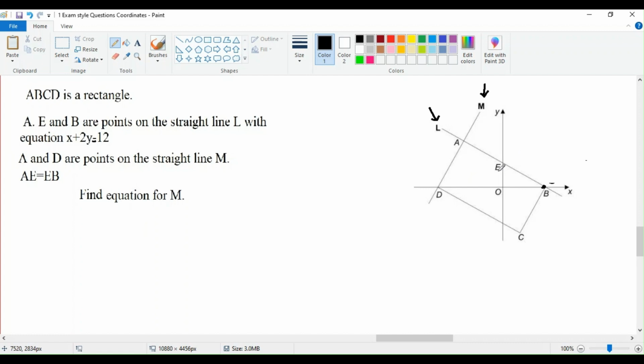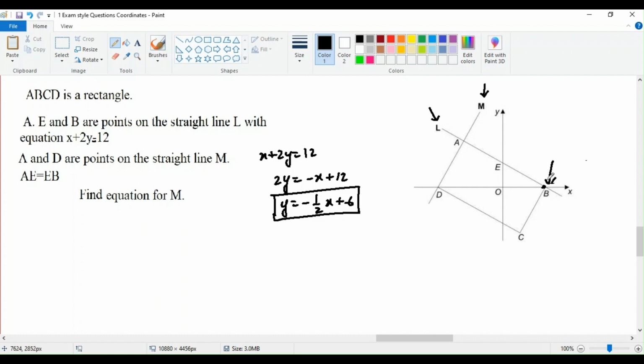Now it says the equation is x plus 2y equals 12. That means 2y equals negative x plus 12. That means y equals negative 1 over 2 x plus 6. Okay, now we find the coordinates of this point.